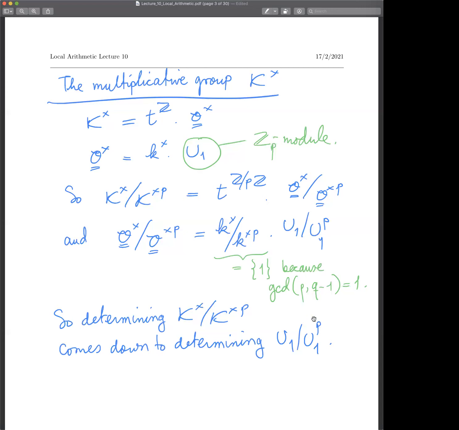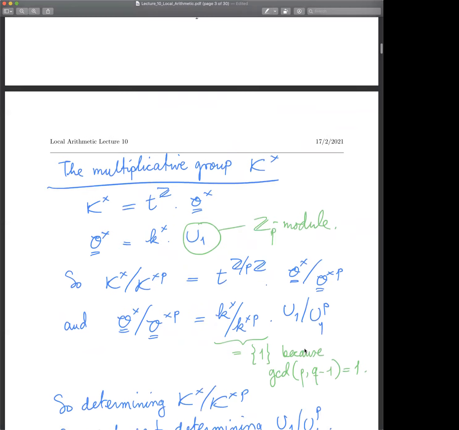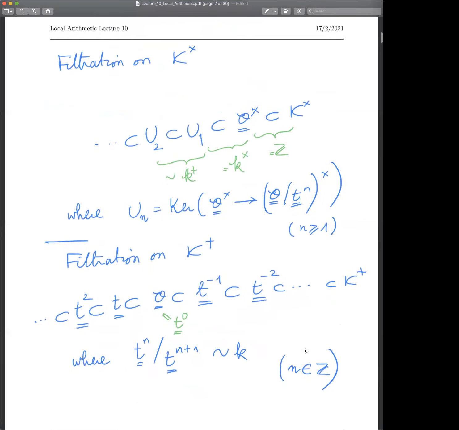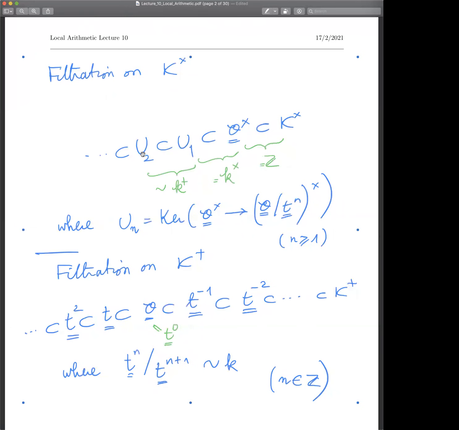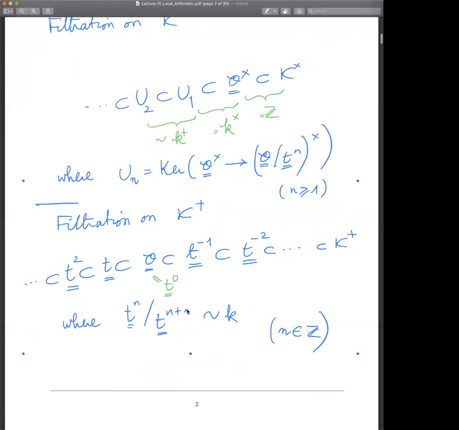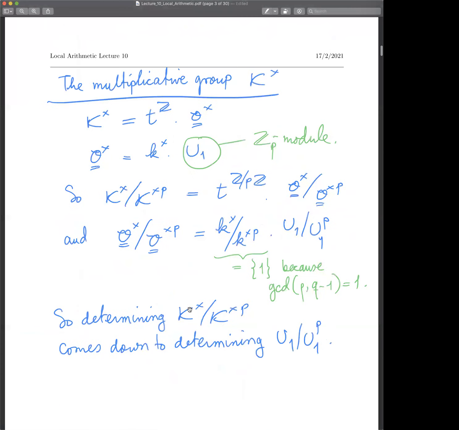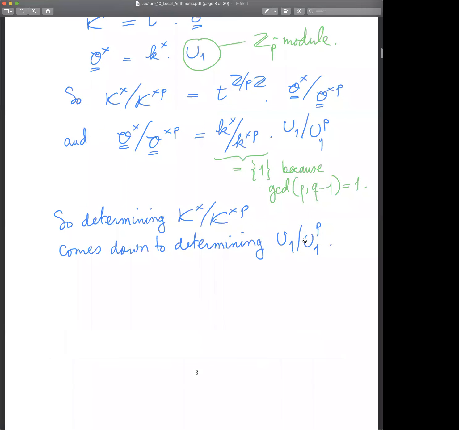So basically, we have to find out what this group is, U1 modulo U1 to the power p. Actually, we will determine not only the group, but its filtration, U1, U2, U3, etc. What are the images of these things in U1 modulo pth powers?